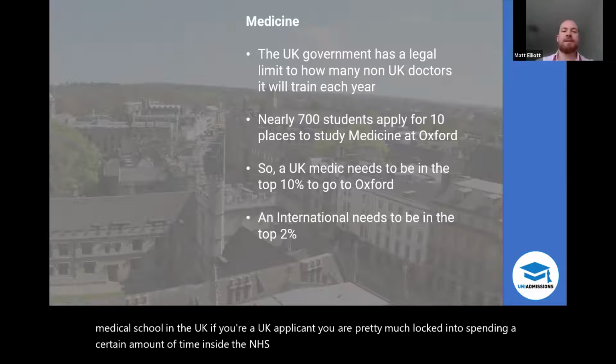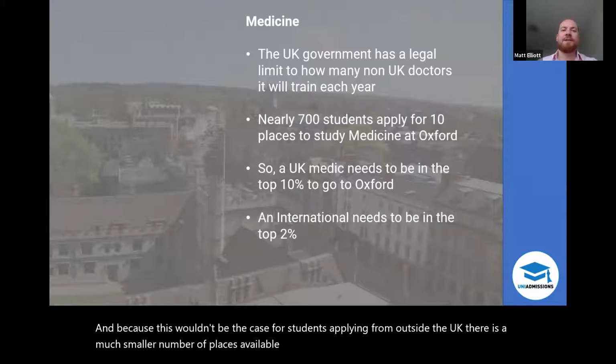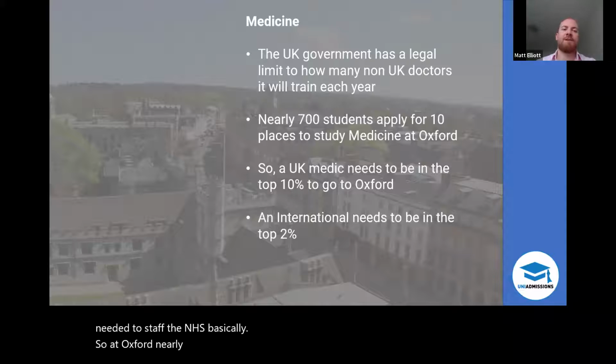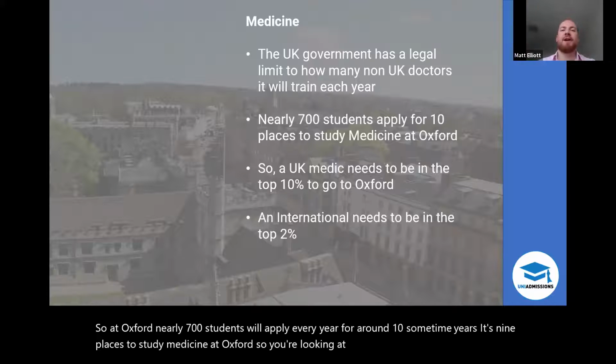Because this wouldn't be the case for students applying from outside the UK, there is a much smaller number of places available to them, because the spaces in medical school are needed to staff the NHS, basically. At Oxford, nearly 700 students will apply every year for around 10, sometimes 9, places to study medicine. So you're looking at a huge chunk of that success rate coming down just to medicine.